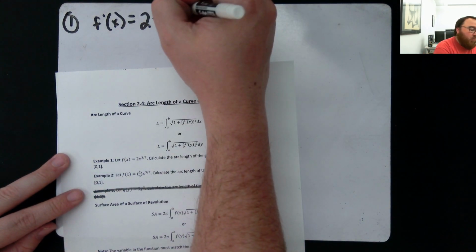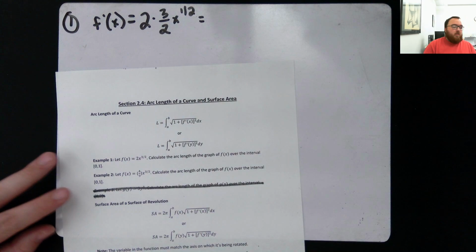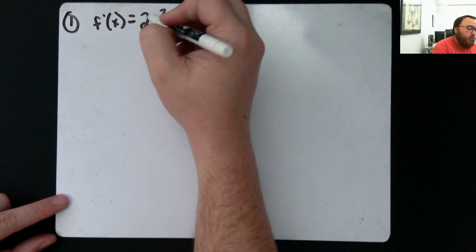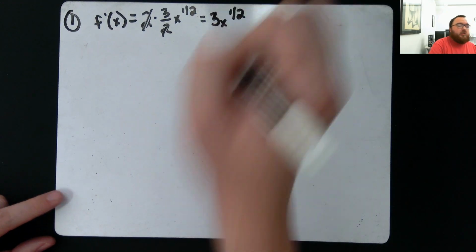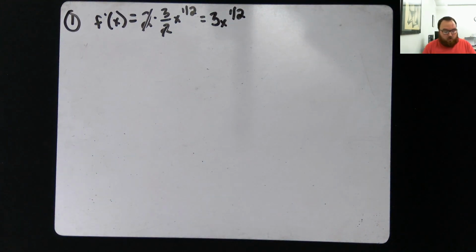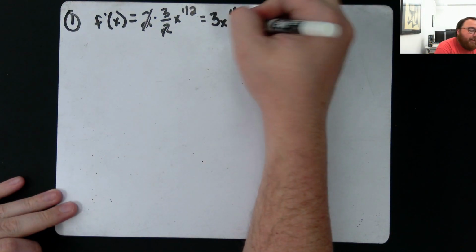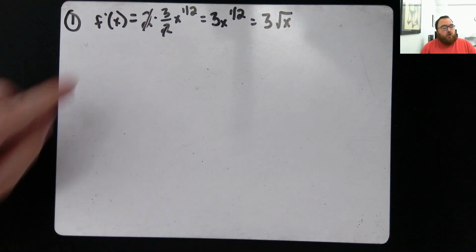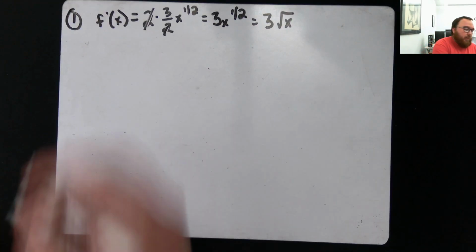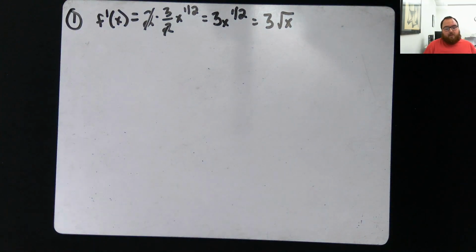So my new power is 1 half. 2 over 2 cancels out, so I'm left with just 3x to the 1 half, which is like saying 3 square root of x. If you would rather write it like that, it doesn't really matter. Make sure you know how to find that derivative. If not, let me know.